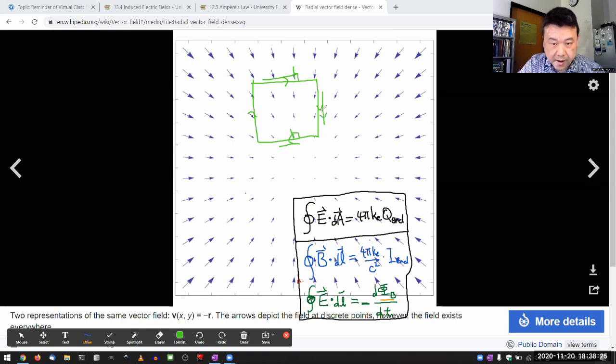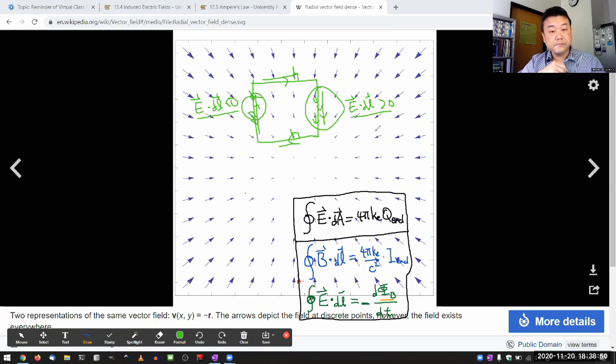Now, along this path, if you did E dot dl, you'd get a positive line integral. But along this path, you are going opposite to the direction of the vector field. So if you calculate E dot dl here, this would be negative.